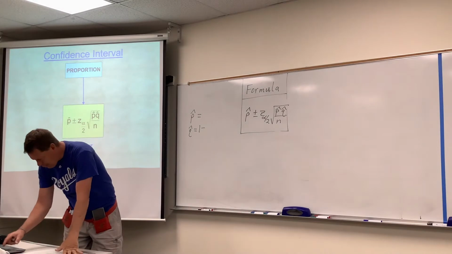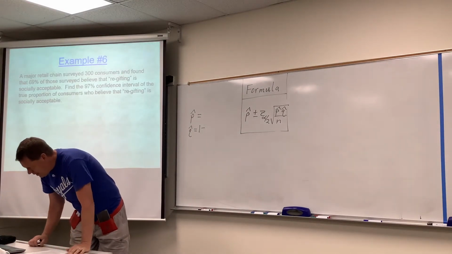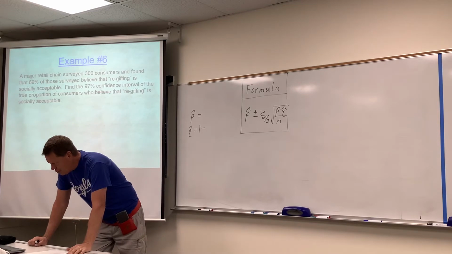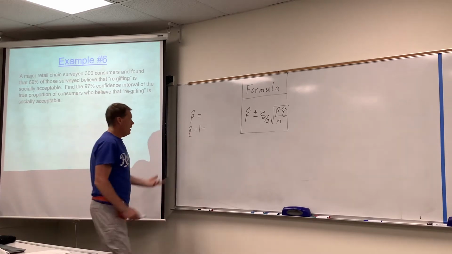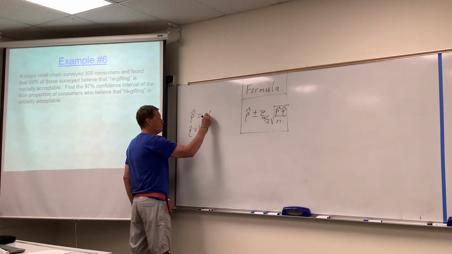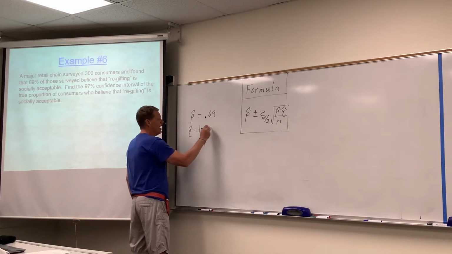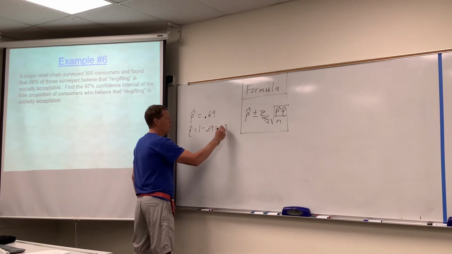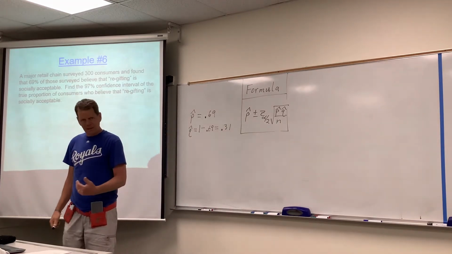So if we go back and read the question, it says they surveyed 300 consumers and 69% believe that regifting is socially acceptable. That's p hat, right? Make sure you change it to a decimal. And then 1 minus that, the other 31% do not believe that regifting is socially acceptable.